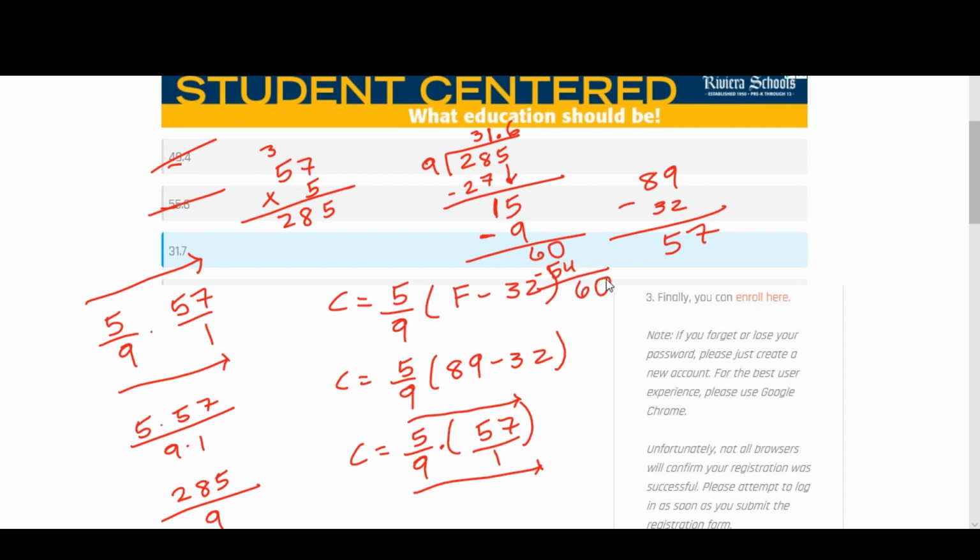Again, we have to add a 0. 9 goes into 60 6 times without going over. So as we can see, this is going to repeat. So it looks as if we just rounded up to 31.7. So we know 89 degrees is the same as 31.7 degrees Celsius.